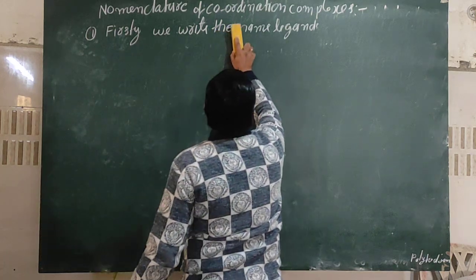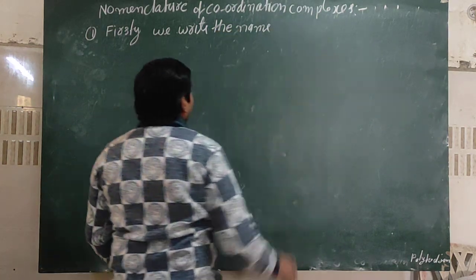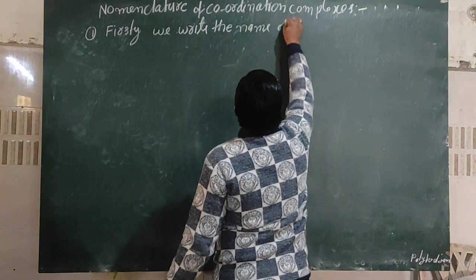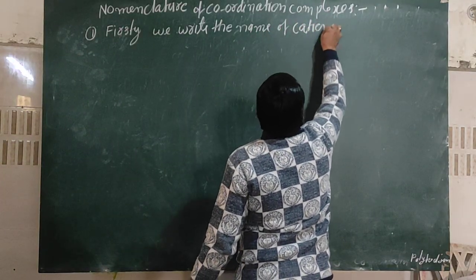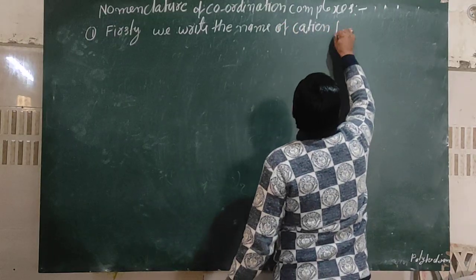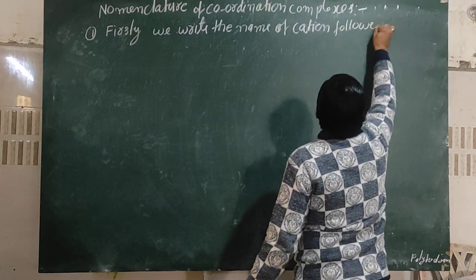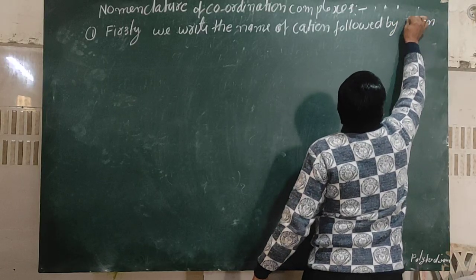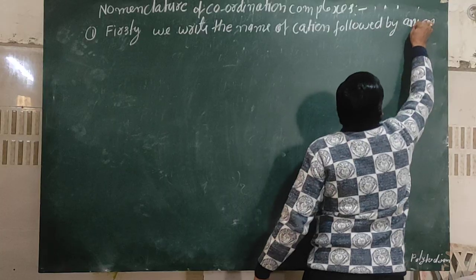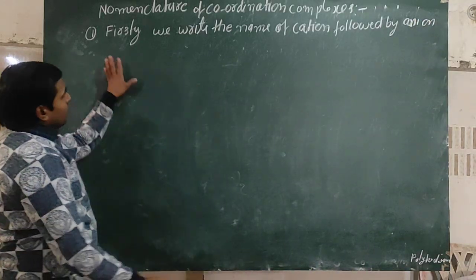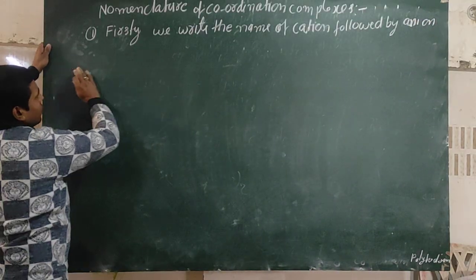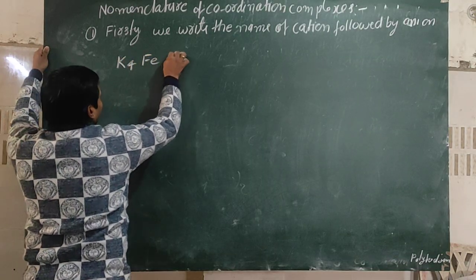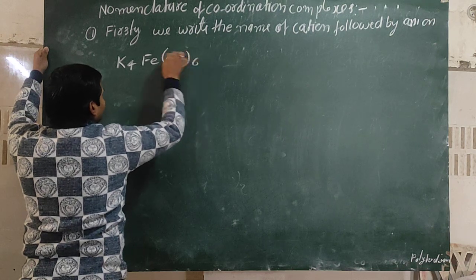The first rule: firstly we write the name of the cation, followed by the anion, like K4[Fe(CN)6].